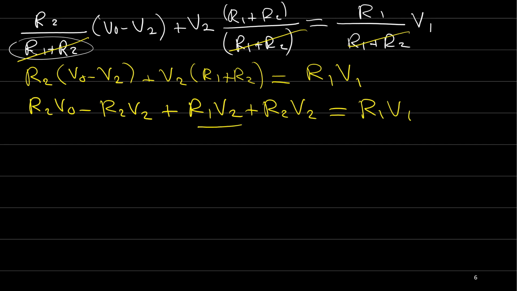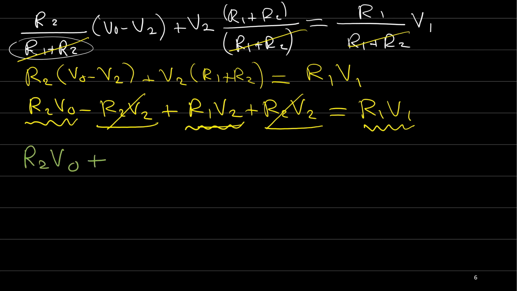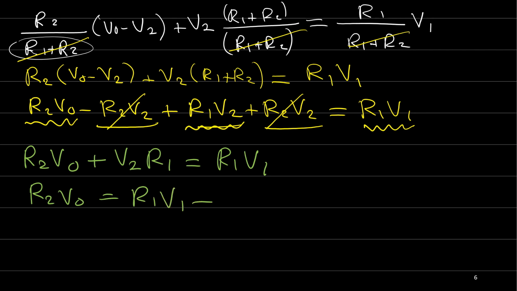The R2 V2 terms cancel each other. Then we have R2 V out plus R1 V2 equals R1 V1. So R2 V out equals R1 V1 minus R1 V2.